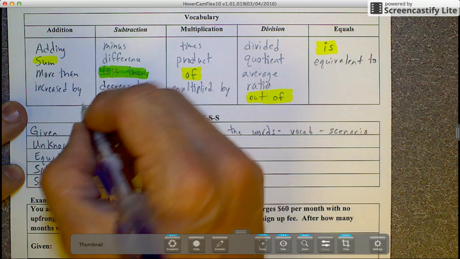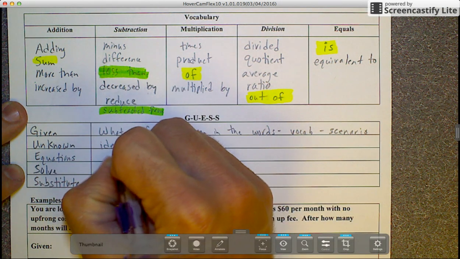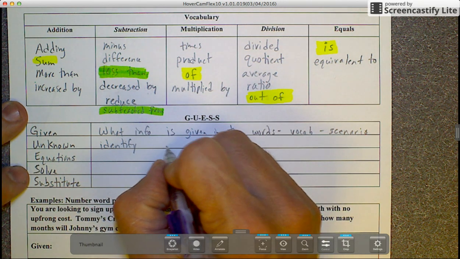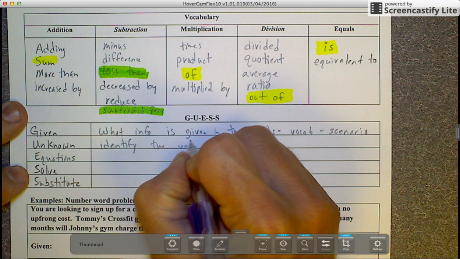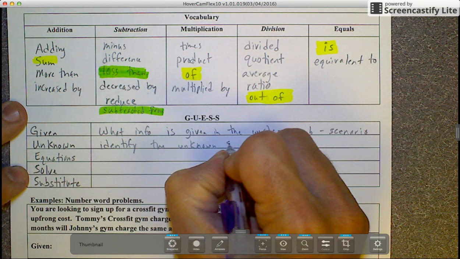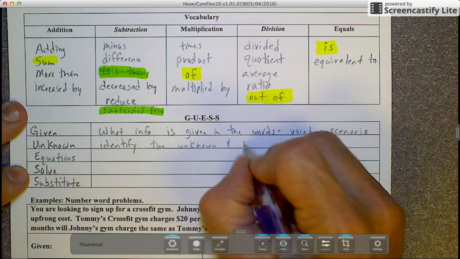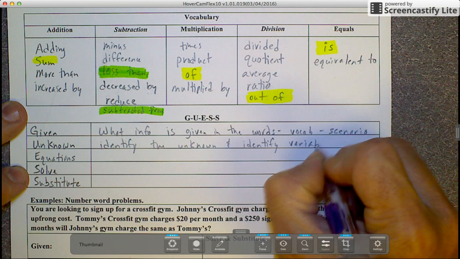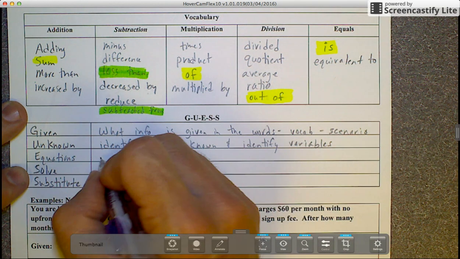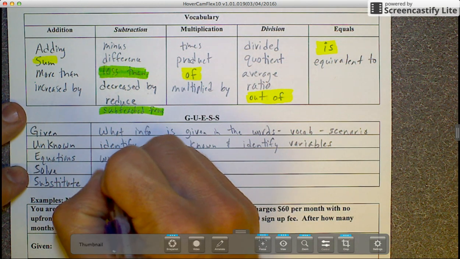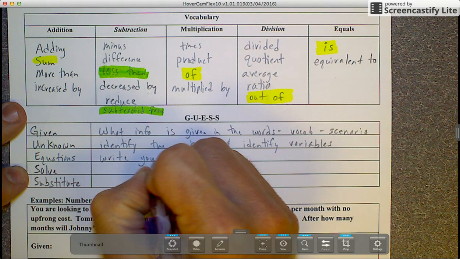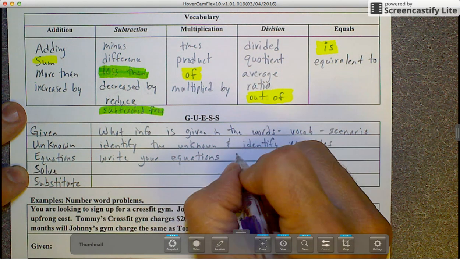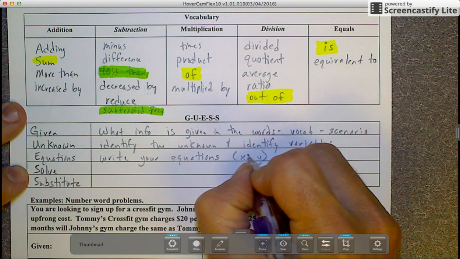The unknown is you're trying to identify the unknown and identify variables. The equations, you're going to write your equations using your X and Y.